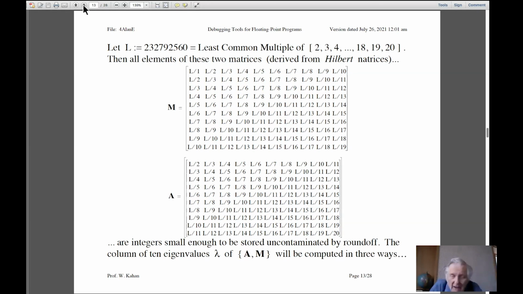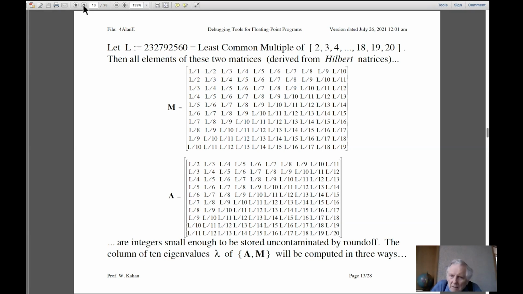And so the elements of A and M are entered into the computer exactly. They turn out to be integers, but they're not too big. So the quotients are computed exactly, even though it's floating point. And therefore, A and M have exact values.